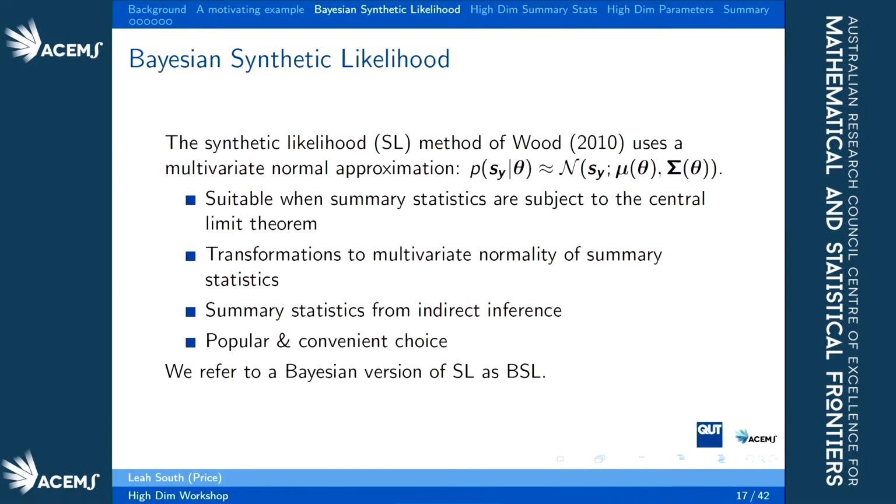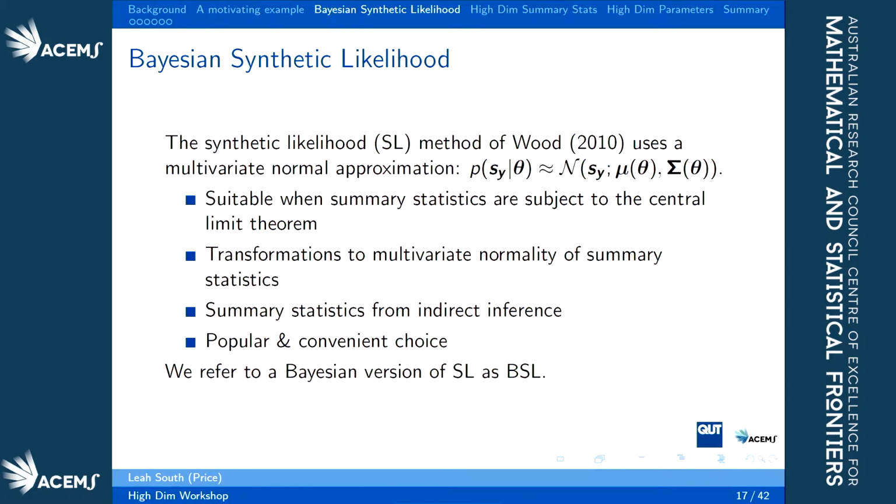The one that we use is based on a multivariate normal approximation. Simon Wood described in his 2010 paper this idea of replacing an intractable summary statistic likelihood with a normal approximation. Normal approximations are everywhere, suitable when the summary statistics are subject to the central limit theorem.